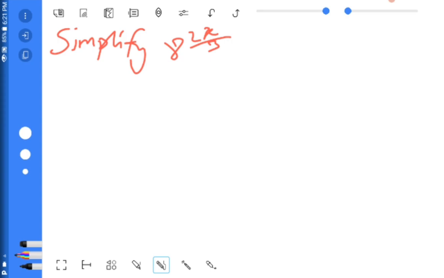We have two different approaches that we can use. The first approach is this. You first of all know that this is a fractional power. So this simply means that we have the cube root of 8, then all this to the power of 2x. What is the cube root of 8?